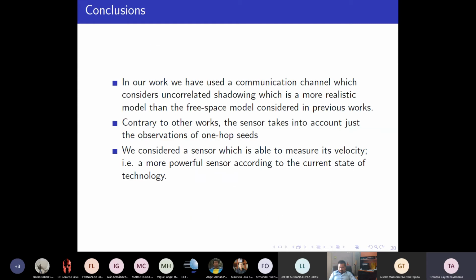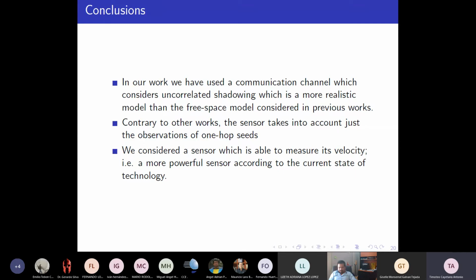The conclusions of this work are shown in this slide. One of the main contributions of this work is that we build on the previous works that we found in the literature about Monte Carlo methods, and we propose more realistic models to study the performance of the Monte Carlo method.